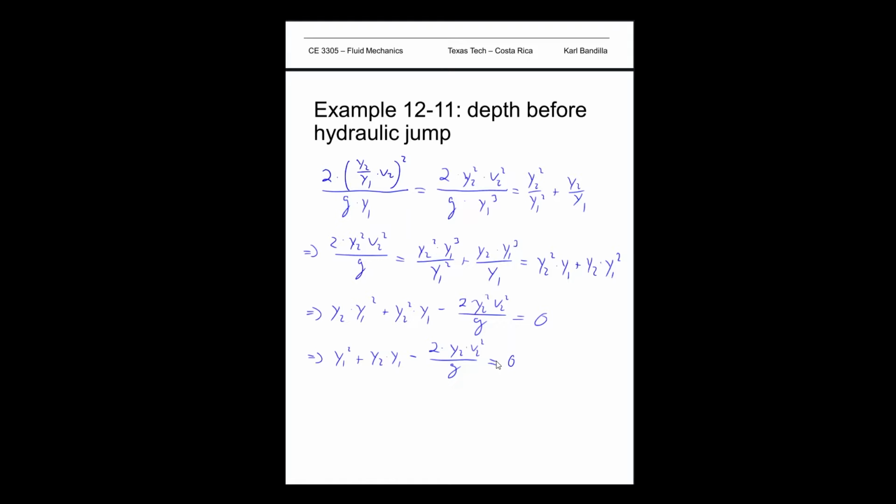This is like a simple quadratic equation, so we can write the solution. y1 is equal to minus y2 plus or minus the square root of y2 squared minus 4 times minus 2 y2 v2 squared divided by g, all under the square root, and all that gets divided by 2.